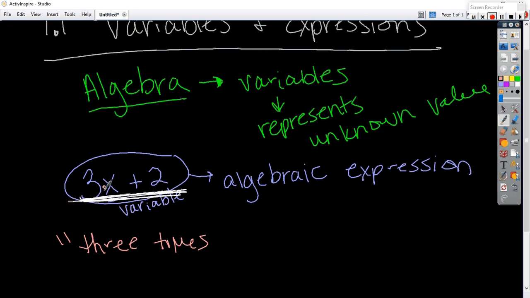This is the implied operation right here, right? Really important, we don't use x anymore to represent multiplication because once we've hit this point in math, x is used a lot for our variables, so it can be confusing. So there's no operation there, which is implied multiplication. So 3 times x, finish it, plus 2.